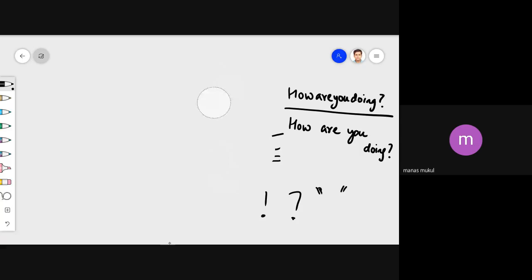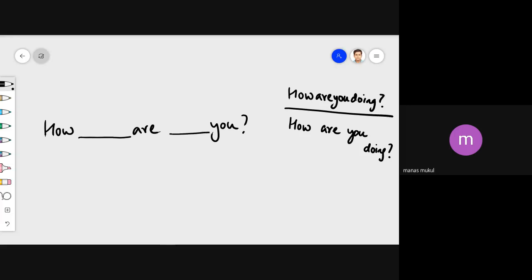Now, this space is actually a small blank space. So if I write "how are you?" with a big gap, there's another problem here. There is a space issue, but this space is not a single space, it is a tab. We all know what a tab is, right? A tab is like lots of spaces at once.